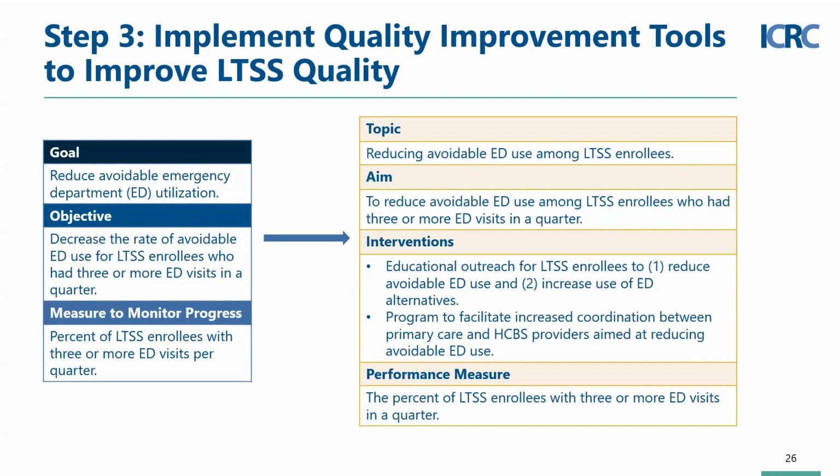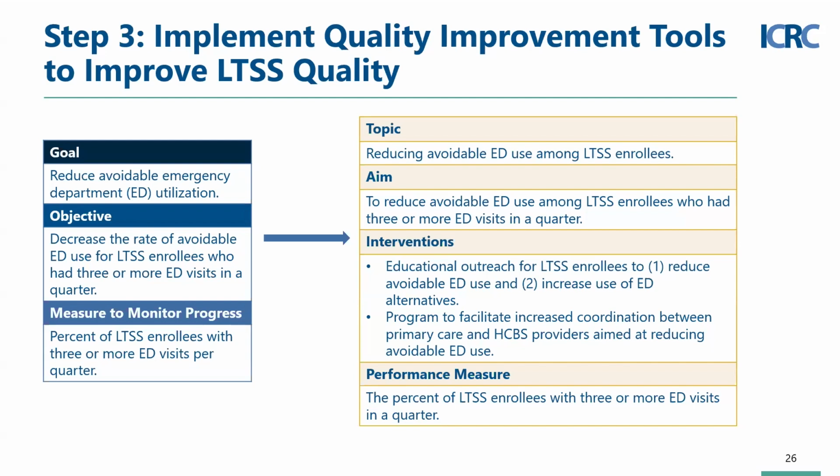For example, a state may set a goal to reduce avoidable emergency department utilization among LTSS enrollees. To progress towards this goal, a state might implement a PIP that aims to reduce avoidable emergency department use among LTSS enrollees who had 3 or more emergency department visits in a quarter through 2 interventions.